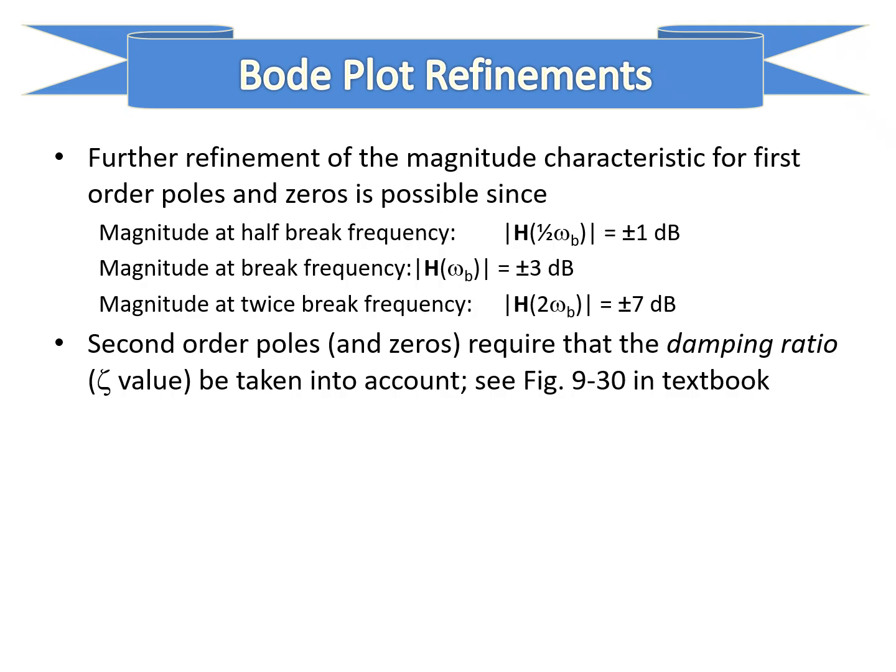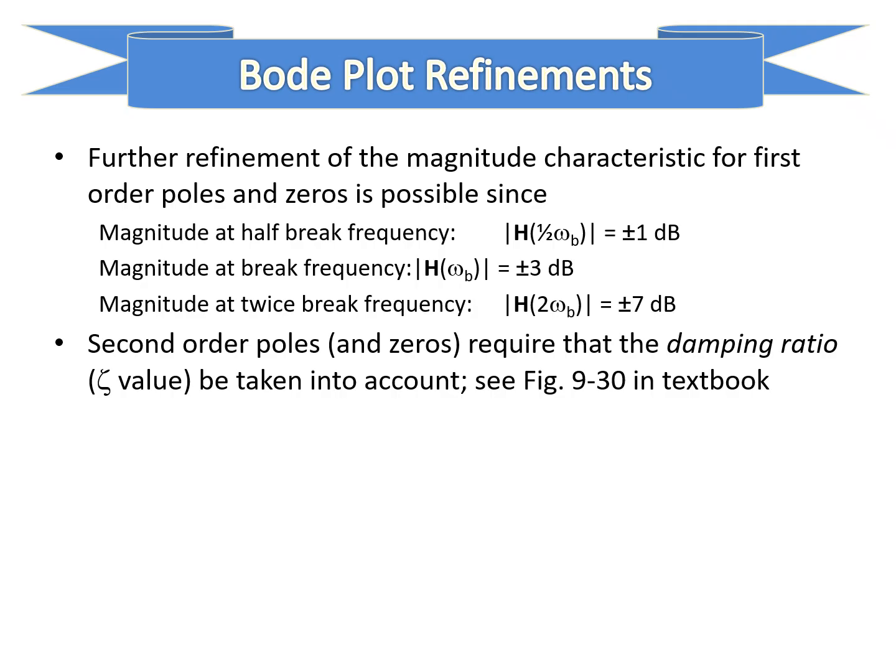Bode plot refinement. The refinement of the magnitude characteristic for a first order pole or zero is possible since the magnitude at half break frequency, absolute value of H at 1/2 omega b, is equal to plus or minus 1 dB.